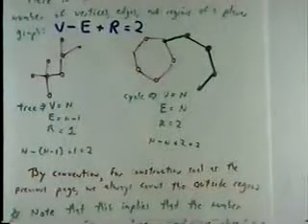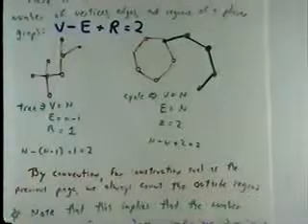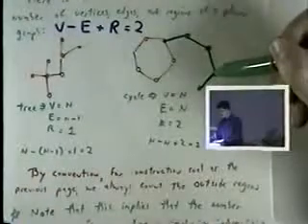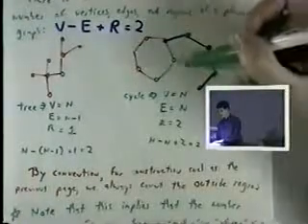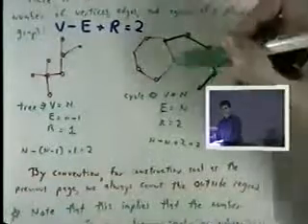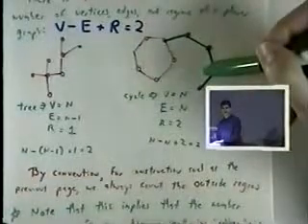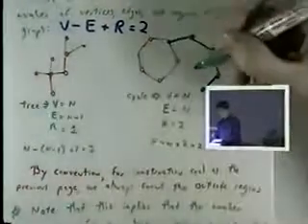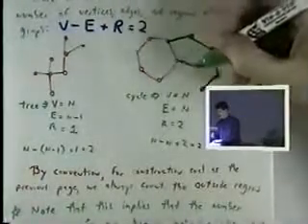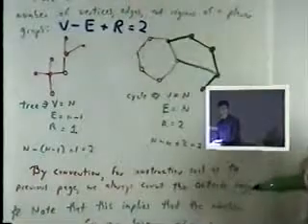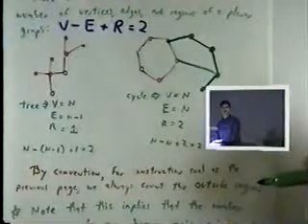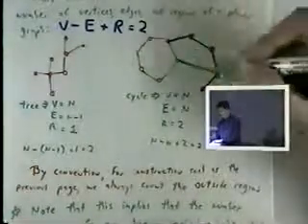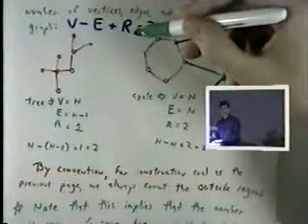Well, the way to make a new face is to combine two existing nodes that weren't previously connected. So, for example, we could combine those two nodes there. And if we combine these two nodes, you notice we're adding a new edge, and we're also adding a new face.